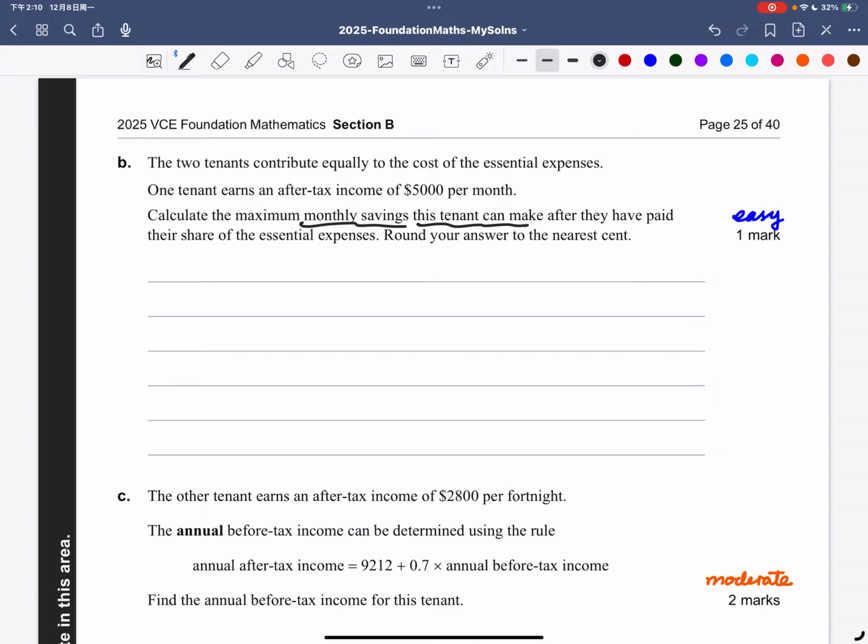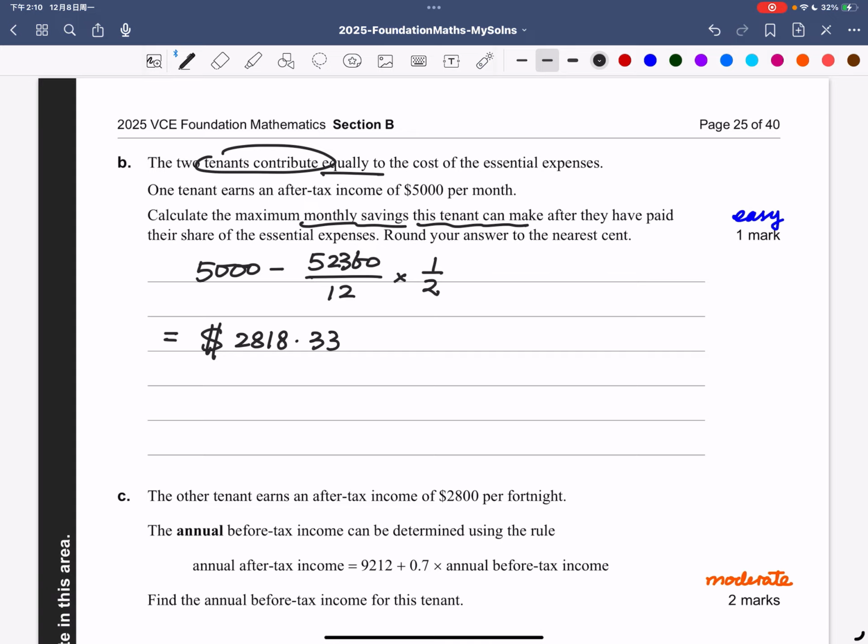So we say 5,000 is your income minus the annual cost divided by 12. And two tenants contribute equally, so 50-50. Therefore, each tenant is taking half of the spending. If you calculate this one, you'll be able to get, let's say, 2818.33 cents, I suppose.